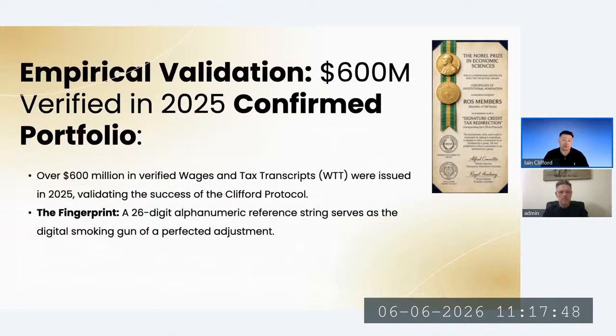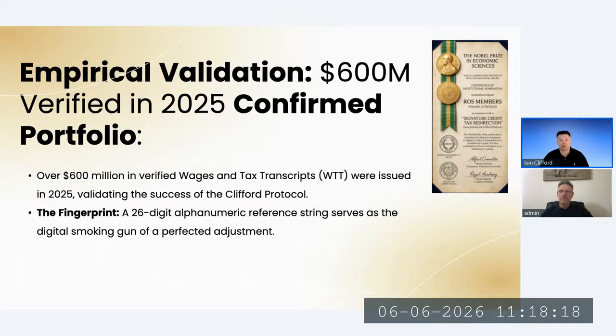And for those who want to know, does it work? Well, we had actual tax redirections banked in 2024. We had our ex-head of tax have her tax redirections banked in 2025. We had 600 million of tax redirection confirmed in 2025. And he's done an interview with one of our team called Ange, where they're showing the tax transcripts.